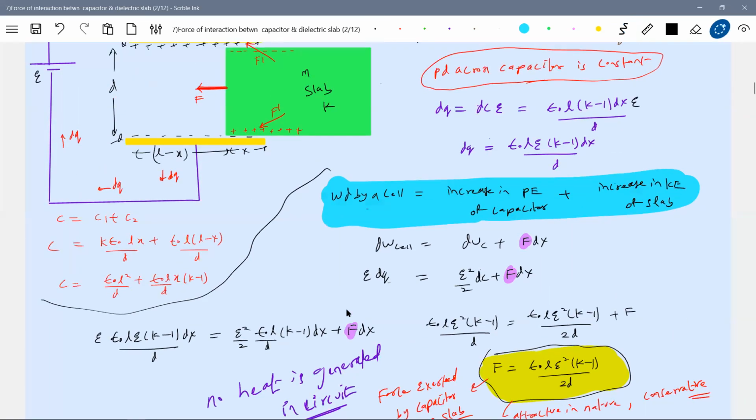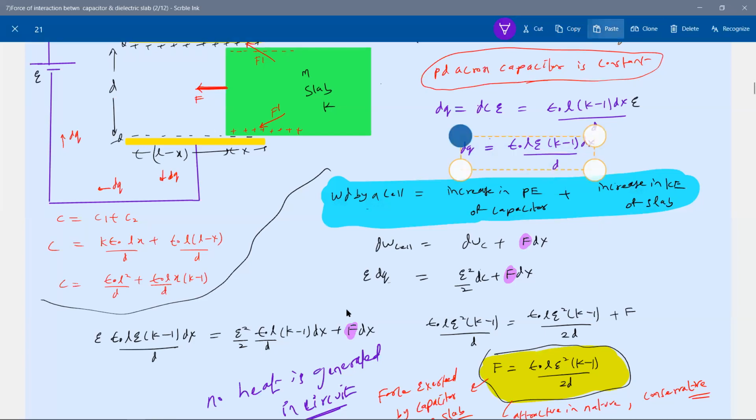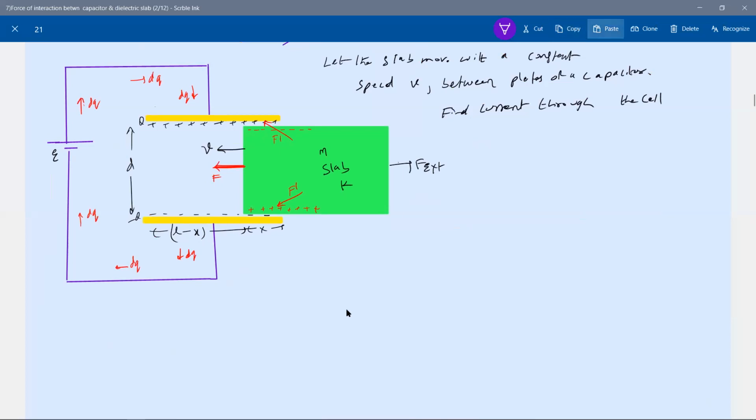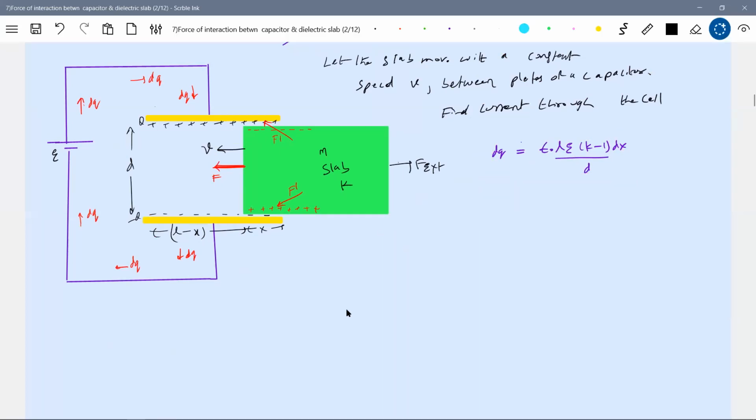This was the increment in charge, no? See, we have already discussed this. I am going to bring it here. So we know the expression for charge. And what is dx? Where is the dx?